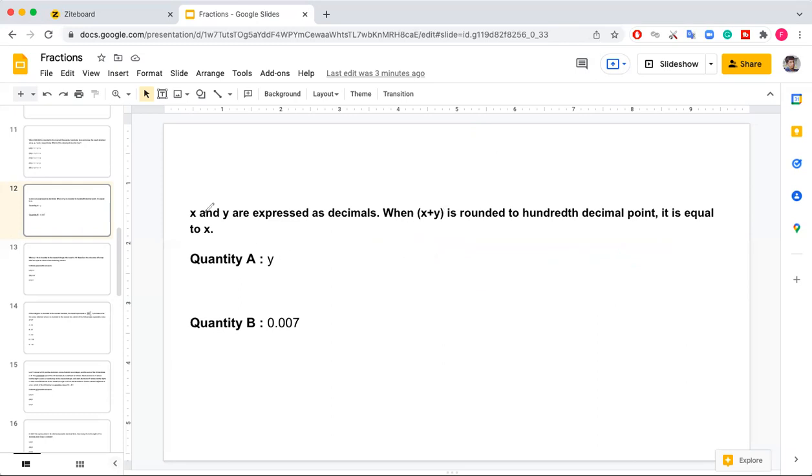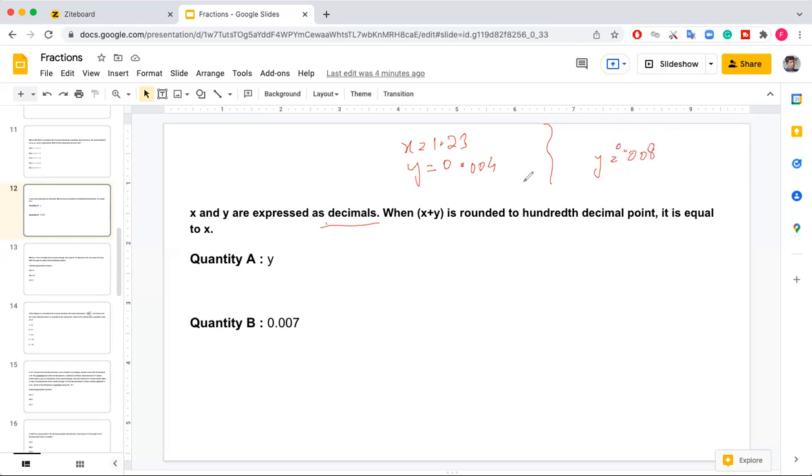Okay, we have X and Y expressed as decimals, right? So both are decimals. And when X plus Y is rounded to the 100th decimal point, it is equal to X. For example, if I have X as 1.23, let's see two cases for Y. If Y is 0.004, and in the other case Y is 0.008.